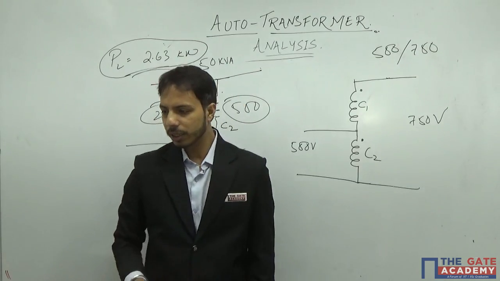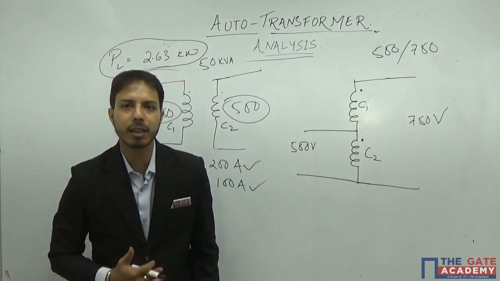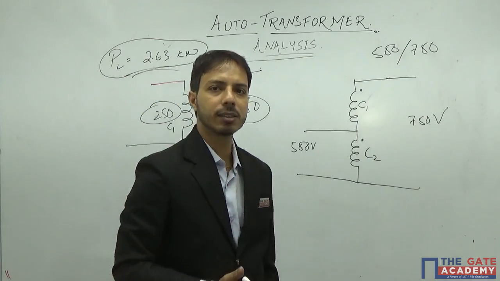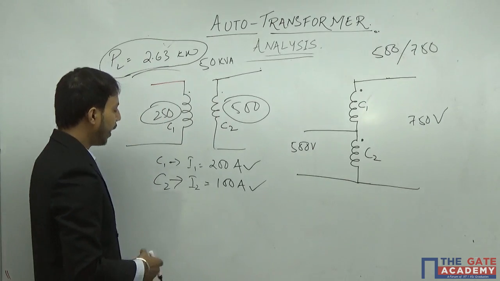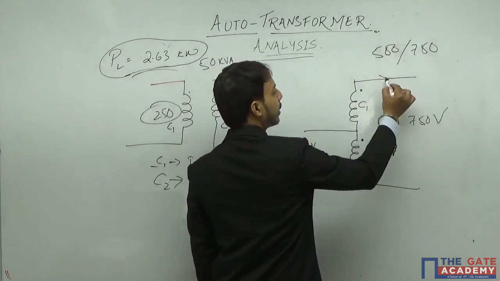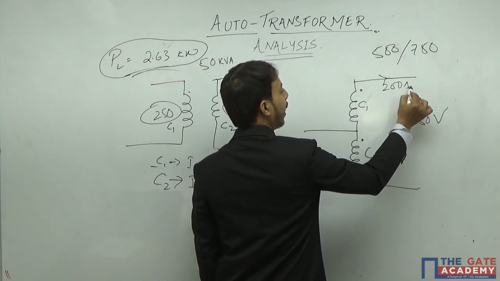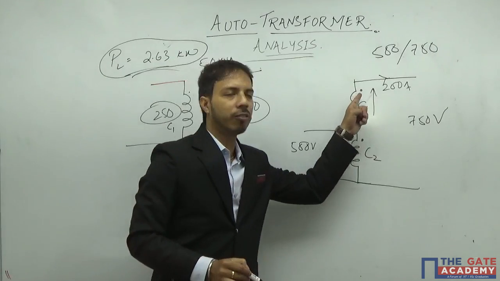Now they're asking to find out the efficiency for the new rated load. Rated load means my coils will be carrying rated current. So the rated current of C1 I know is 200 amps. So let us say this is 200 amps coming out of this dot.